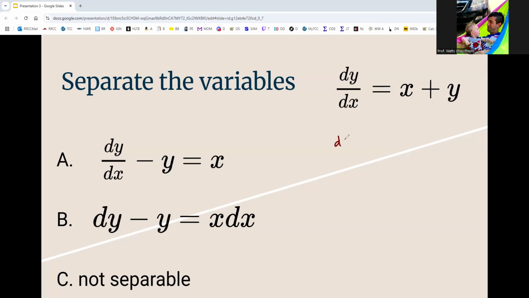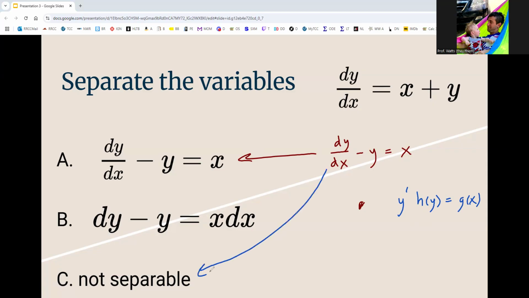And if you subtract the y from both sides, we do indeed get answer choice A. So A is an equivalent representation of the differential equation, but also it's not in the required format. Remember, the required format is y prime times h of y equals x. And so that's not the derivative times a function of y, it's the derivative minus a function of y.